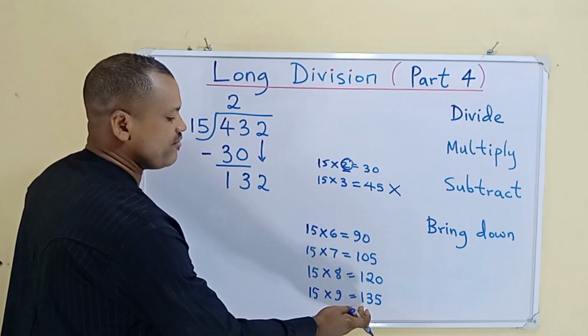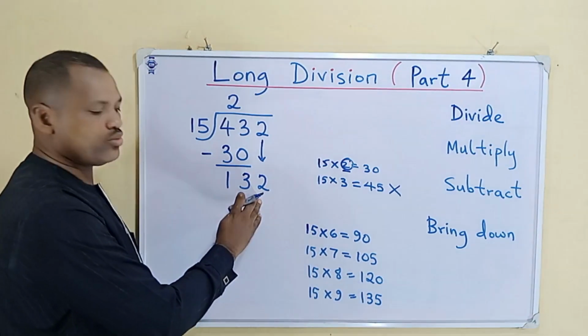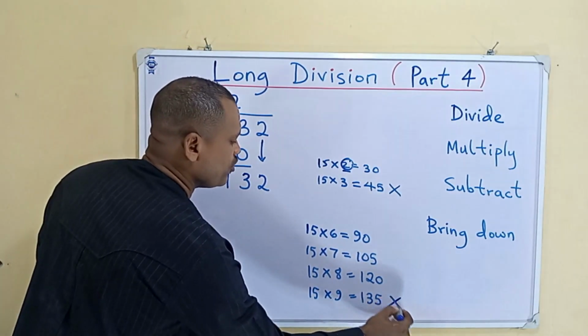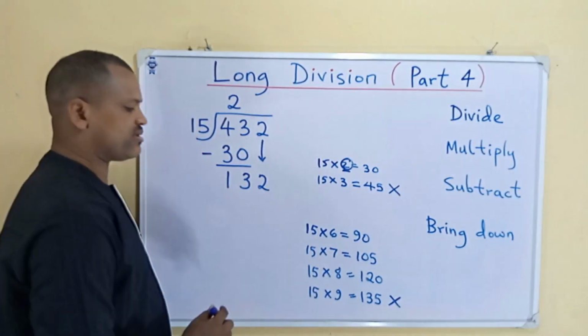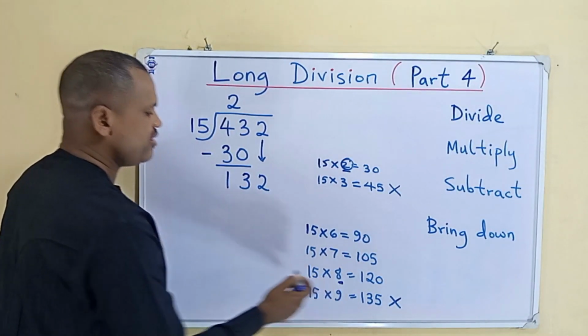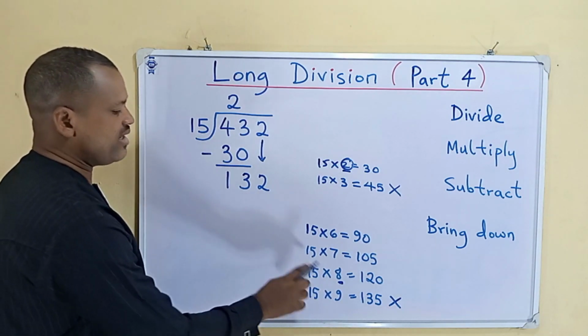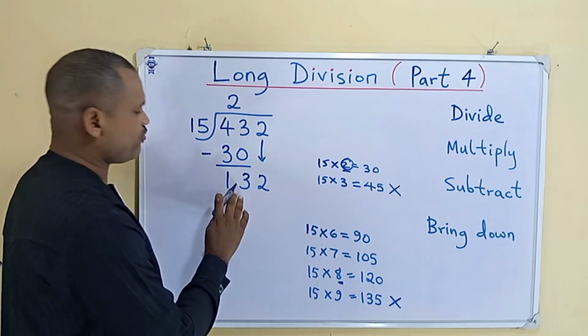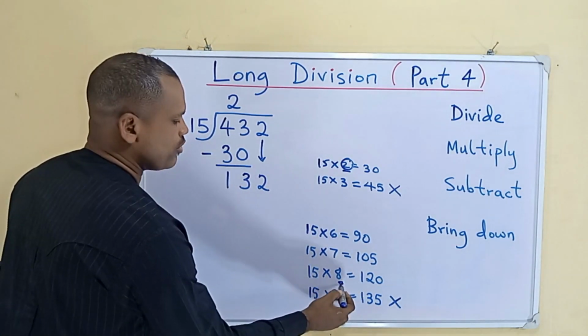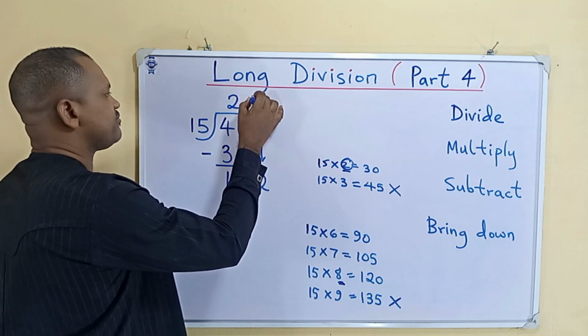And 135 is bigger than 132. So we will not use this one. We will use the one next to it, 8. You can get 8 15s out of 132. So we're going to use this 8.